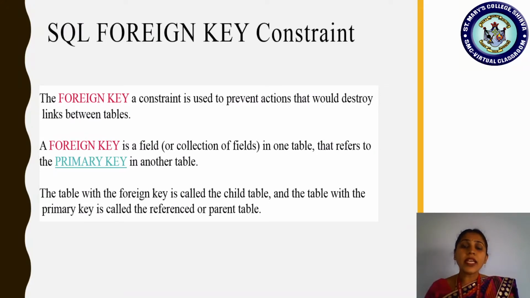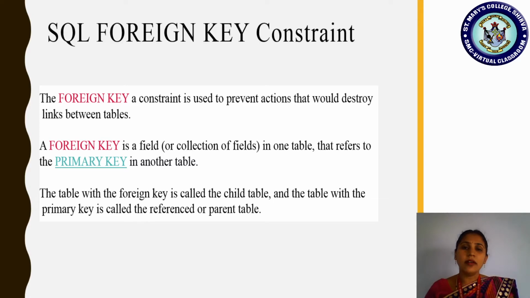DNO is a primary key belonging to which relation? Department relation. Are you all understanding? So here DNO is referred to as a foreign key, which actually is a primary key of another table. So a foreign key is a field in one table that refers to the primary key in another table. The table with the foreign key is also called a child table.